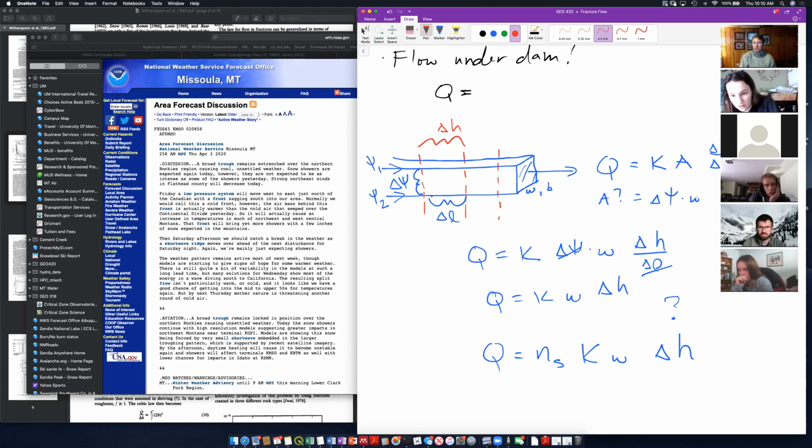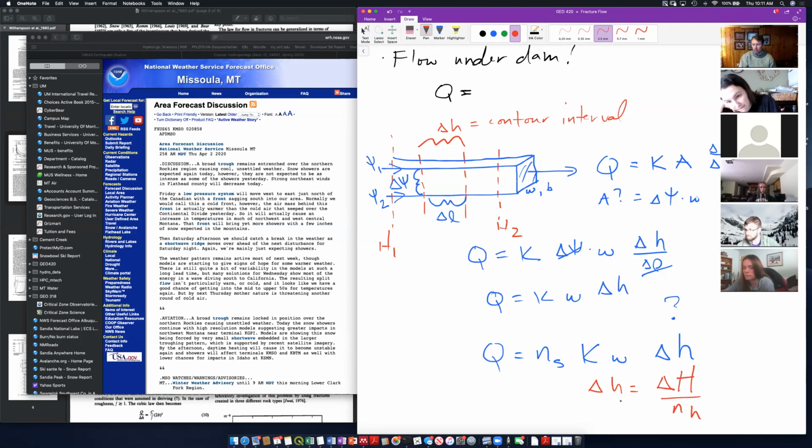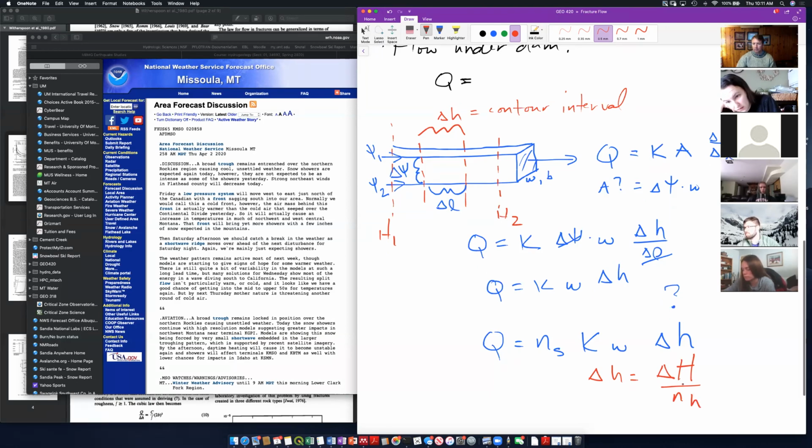Delta L is the distance between contours. Delta H is the head drop or the contour interval. If I know the head here, H1, and the head here, H2, and I have 1, 2, 3 head drops, then delta H is equal to my total head drop, delta big H, over the number of contour intervals. That's where it comes from.